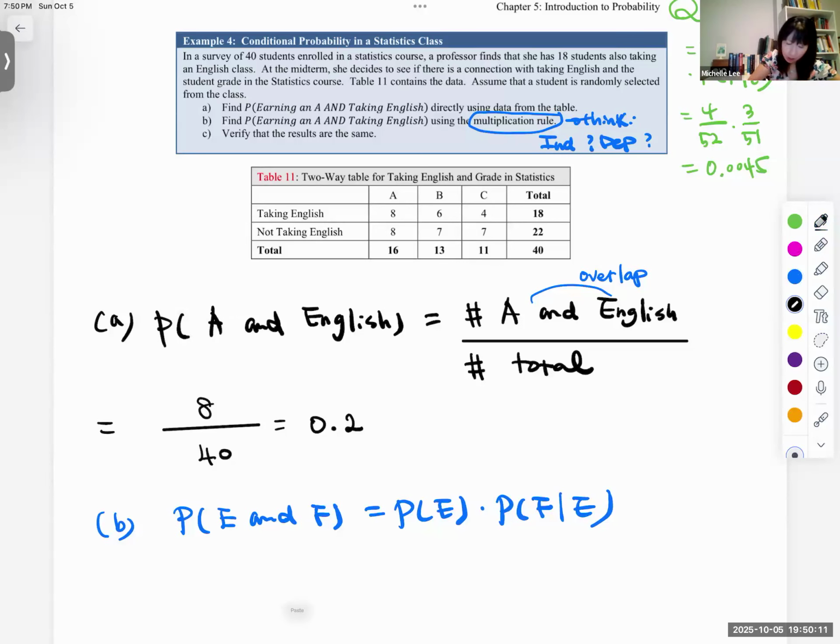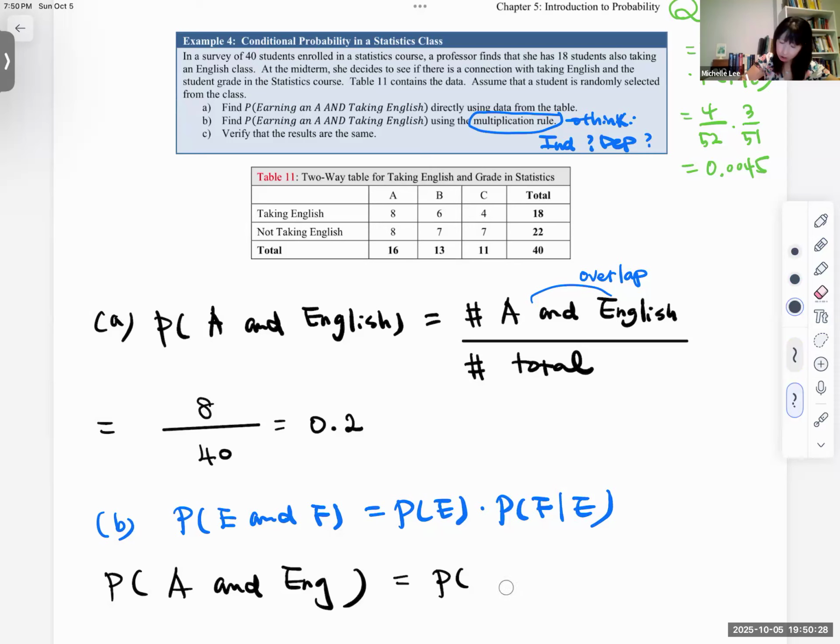Okay, now event E is getting A and taking an English course, and the probability of getting A, this one looks like event A, so I'm going to write down getting A times the probability of event F given that getting A, right?